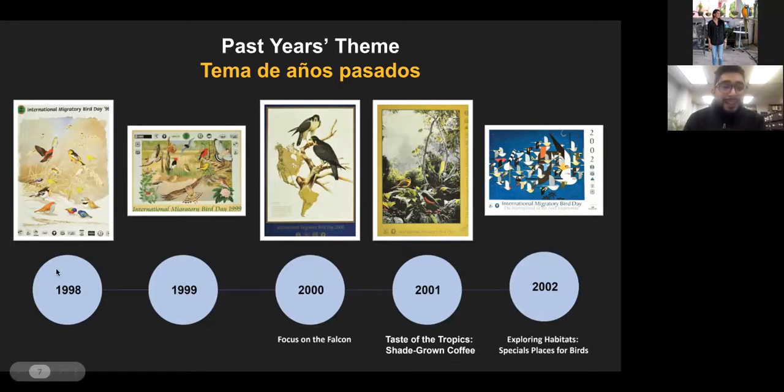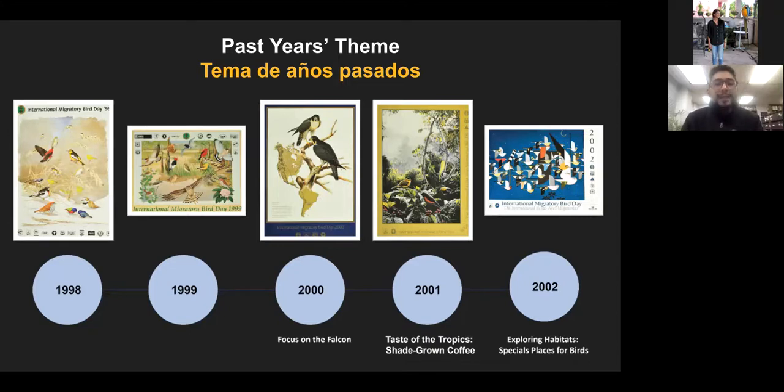So we've been celebrating World Migratory Bird Day since approximately 1998, when it was officially formalized as International Migratory Bird Day.